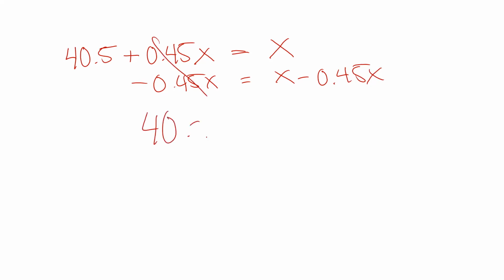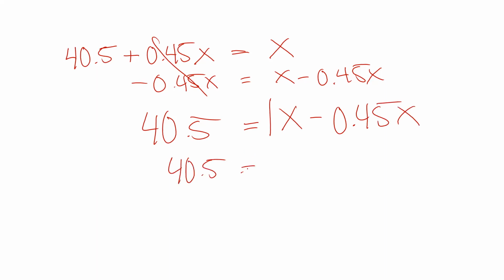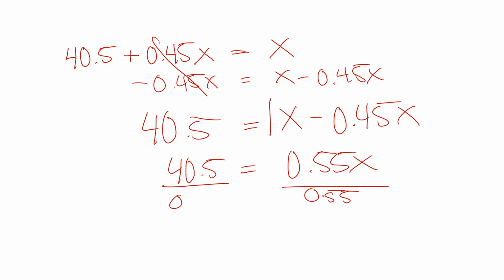You get 40.5 equals x minus 0.45x, and x is 1x. So it becomes 0.55x, and then you divide by 0.55 on each side, right? Precisely. I got it. 0.55. No problem.